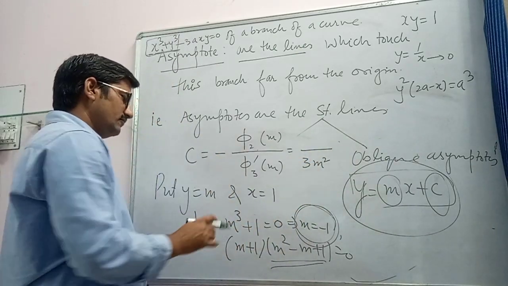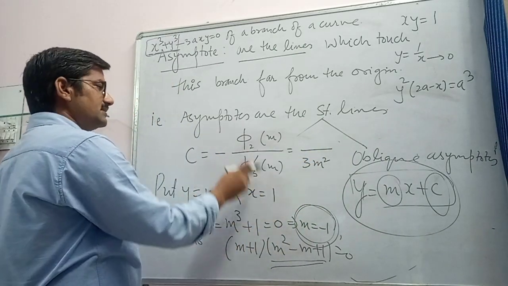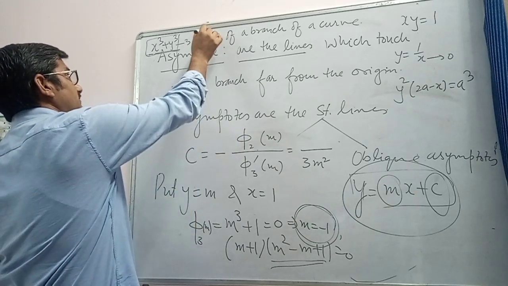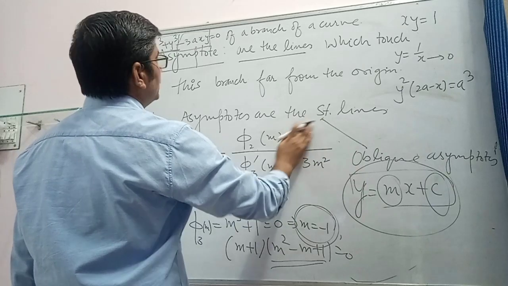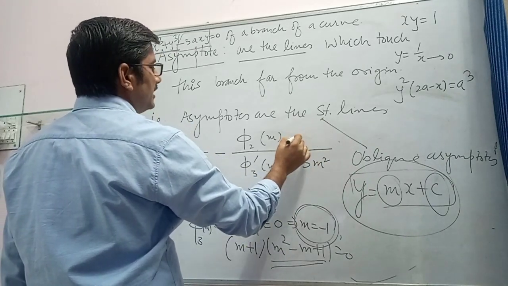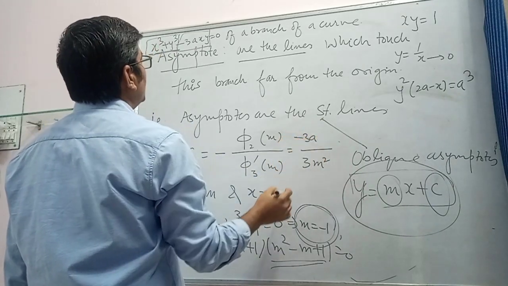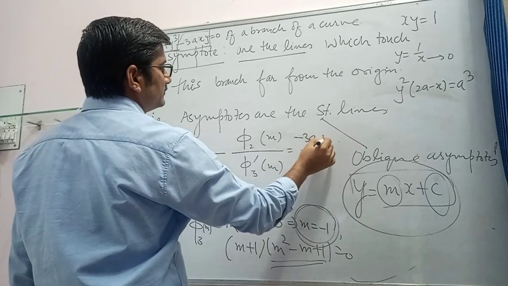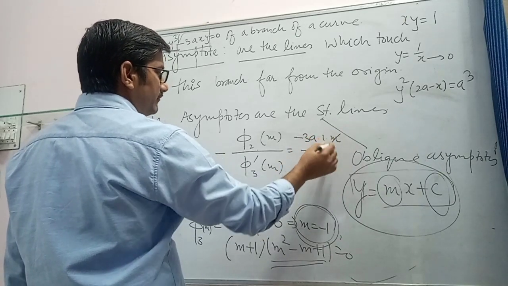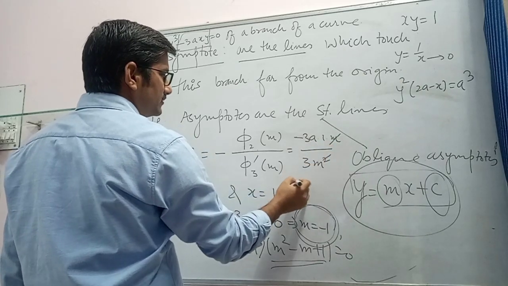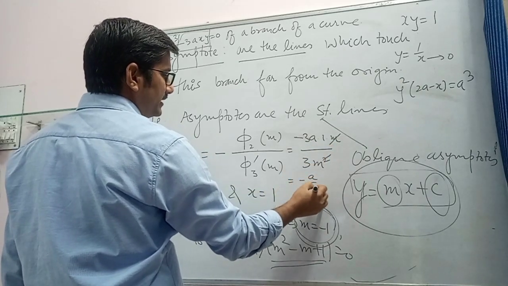Phi 2 of m: put y equal to m and x equal to 1 in the second degree term. So the second degree term is minus 3axy. So put there y equal to m and x equal to 1. The m will cancel with this m, so we will have minus a by m.